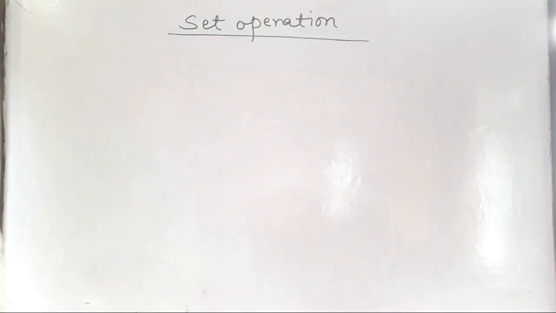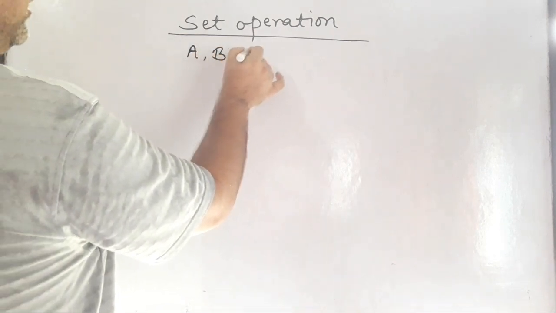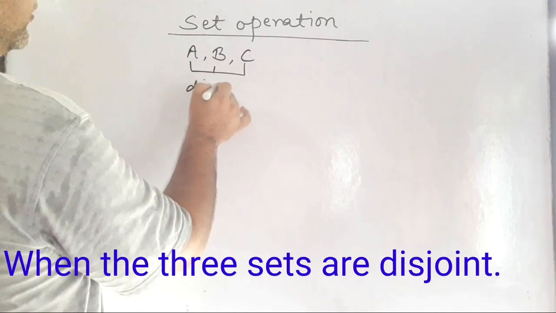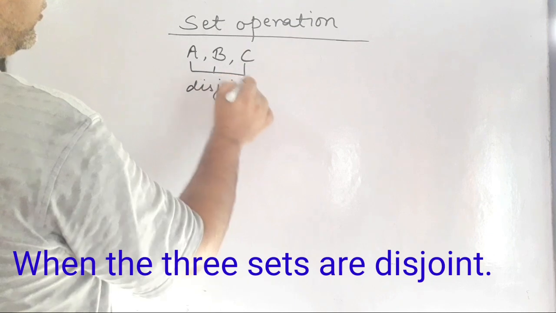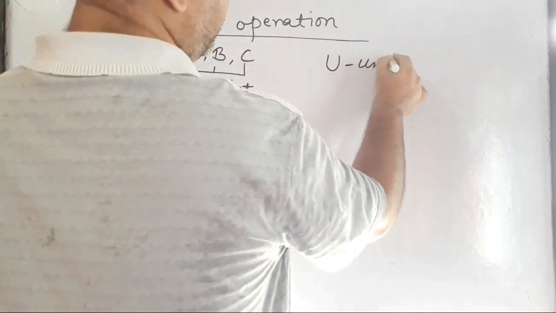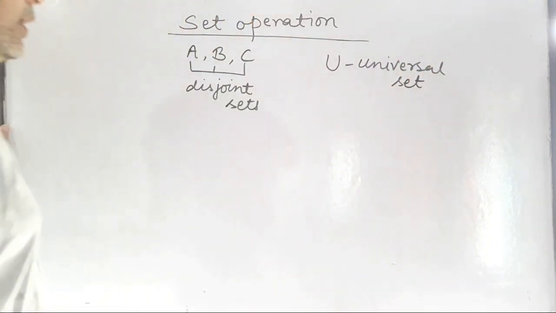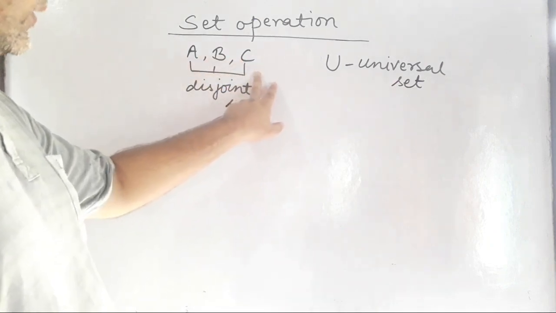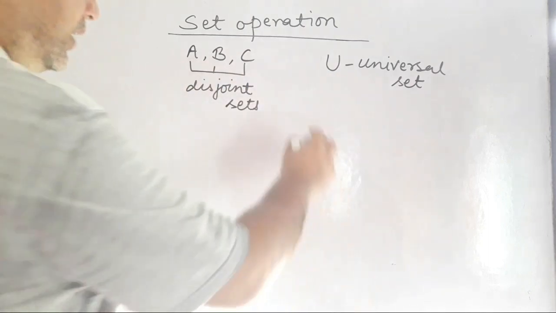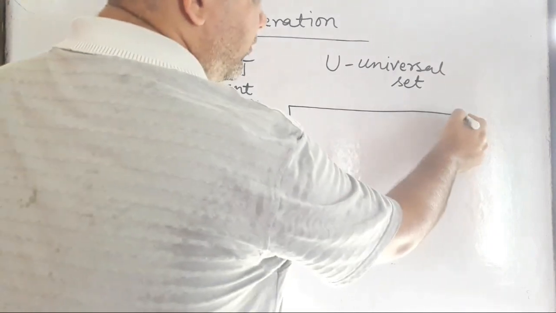Now let's take the three sets A, B and C. If the three sets are disjoint sets, and U is a universal set, and if A, B and C are the subsets of universal set U, then how do we make them in the Venn diagram?